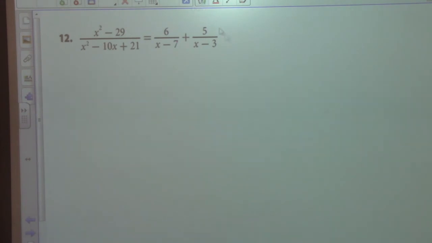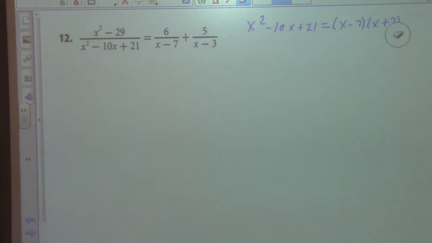I factored that and I got x minus 7, x plus 3. It's 10x plus 21, good one. And equals like this. But before we go on here, x minus 3, so x minus 7, x minus 3.